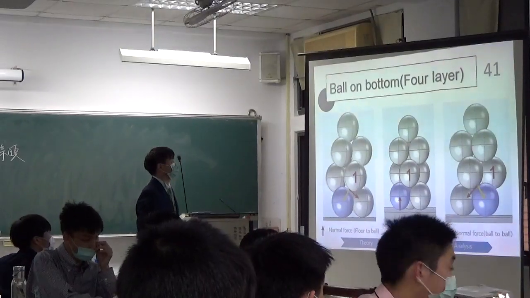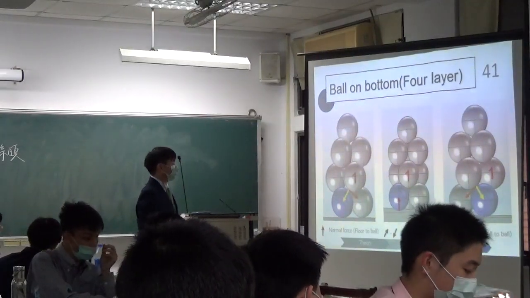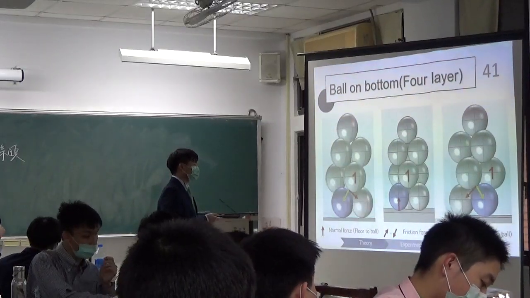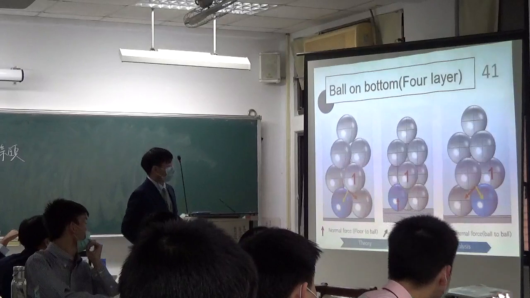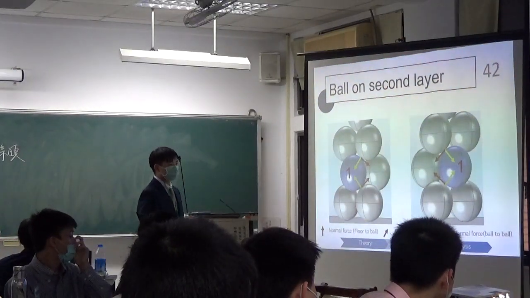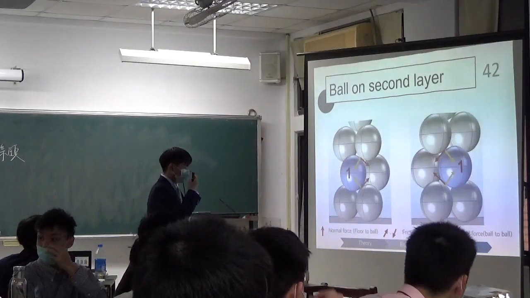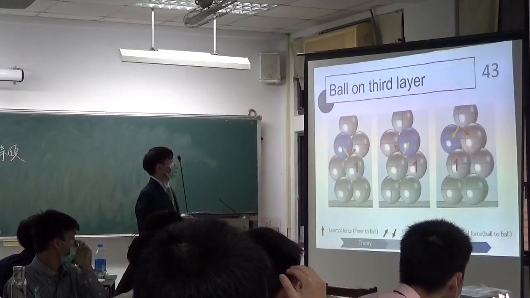And that is the ball on the bottom. And this is the situation of 4 layers. This situation will be the same as the 3 layers. And the next part is the ball on the second layer. And the next is the ball on the third layer.